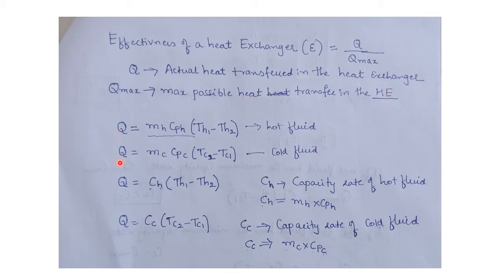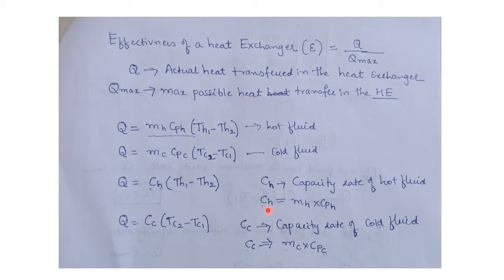Now the same equation I will write in this form, where Q is equal to Ch into the bracket TH1 minus TH2, where mH into Cph is replaced by Ch. Ch indicates the capacity rate of the hot fluid. Ch is nothing but mH into Cph, the product of mass flow rate and the specific heat of the hot fluid.